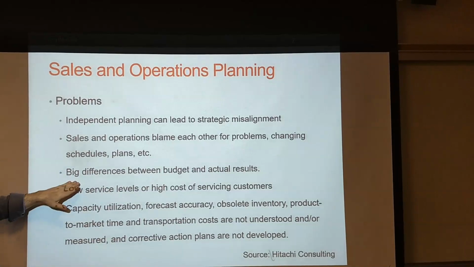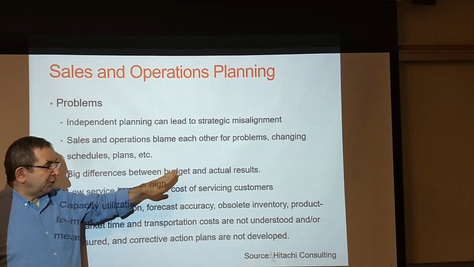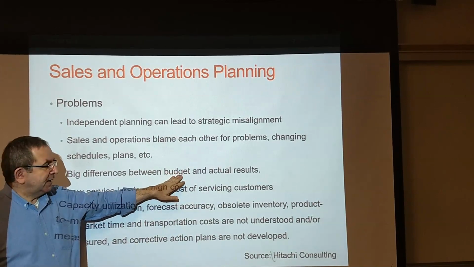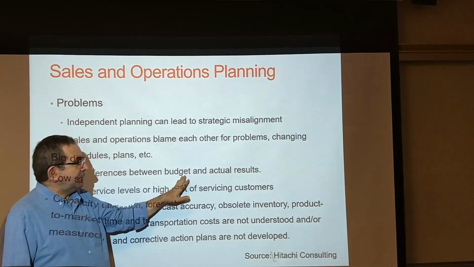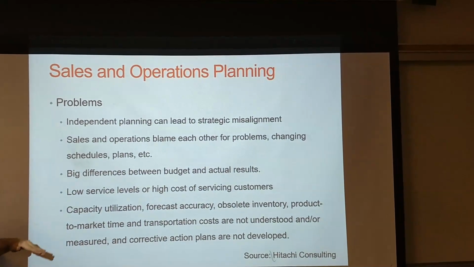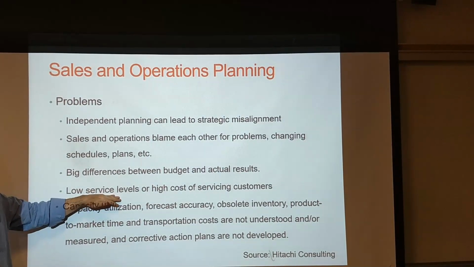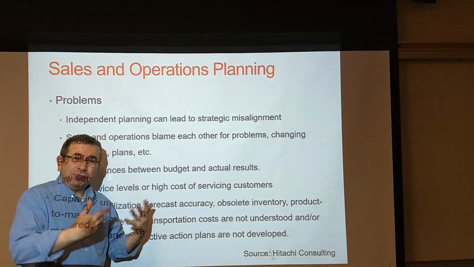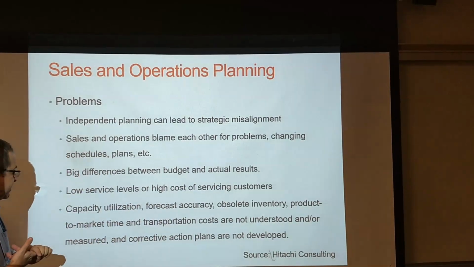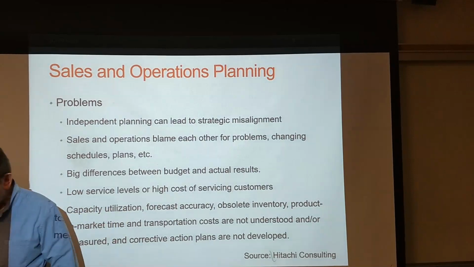As a result, there can be a big difference between your plans, budgets, and actual results because of the misalignment. Customer service level may suffer, or the cost of servicing customers may increase. Capacity utilization, all these things can happen.